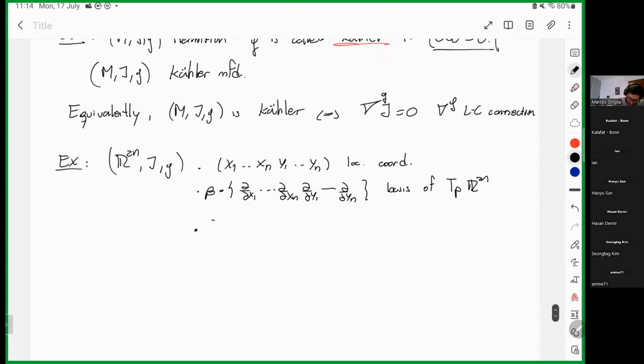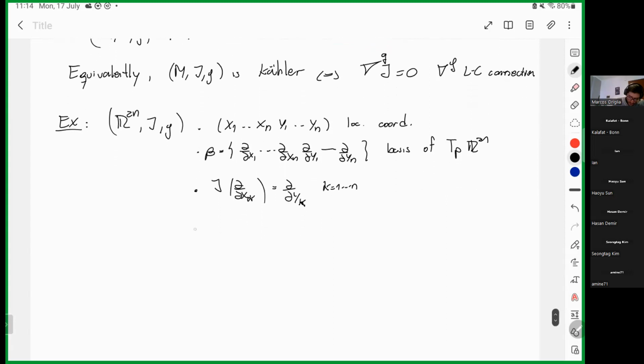What's the complex structure here? It's just sending the x_k to the y_k, and the y_k to minus the x_k, to satisfy the square condition. And we need to define the metric here.